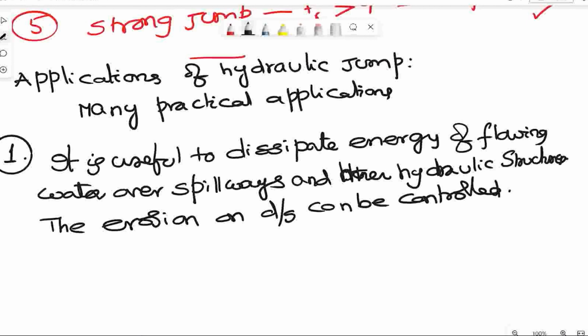If you don't create the hydraulic jump, and whatever water flows over the spillway you allow directly into the channel on the downstream side, the entire downstream channel gets washed away because of the tremendous energy. That's why we create a hydraulic jump at the foot of the spillway.